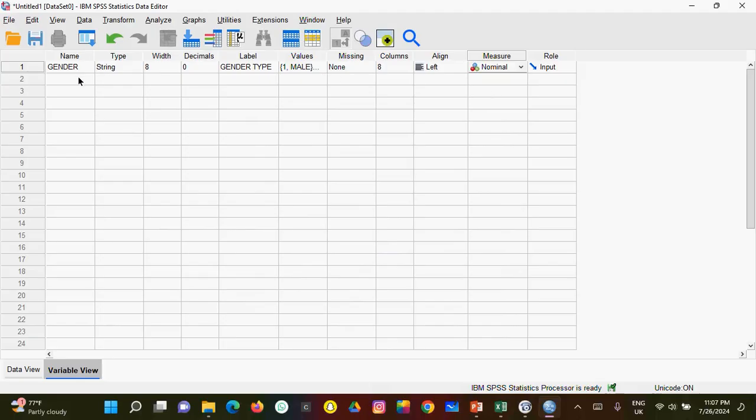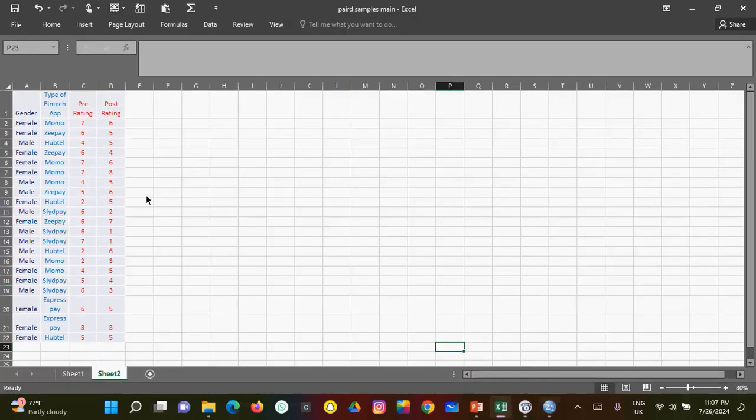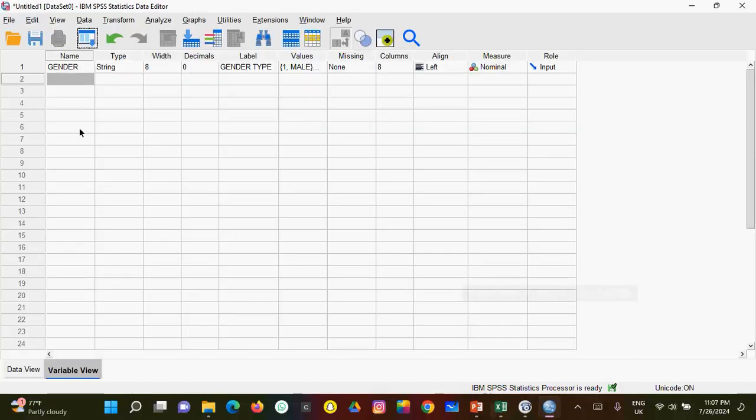Right. Then now the next part is fintech application type. The next one is type of fintech application. So you can type everything or fintech type, any of them.